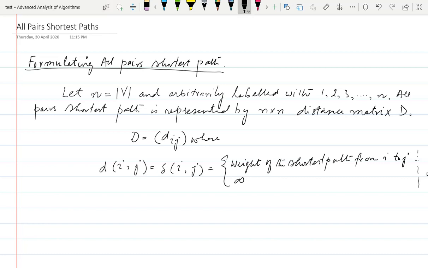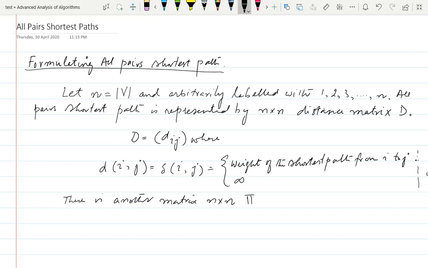Together there is another matrix of the same dimension, n by n.